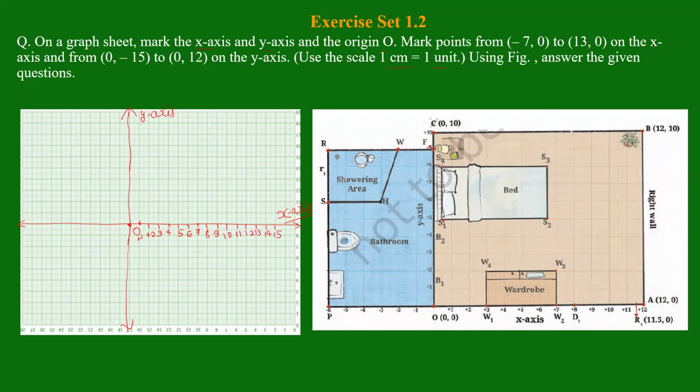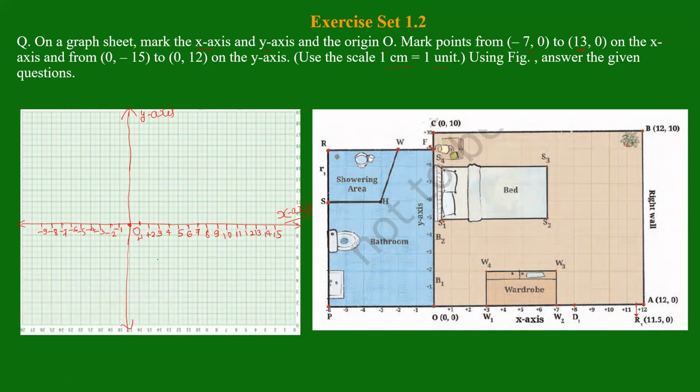We have values up to 13, but we can mark extra. And on the left side, -1, -2. Since x is negative on the left side, -4, -5, -6, -7, -8, -9. If you're watching on mobile, you can use landscape view, so it will be easy for you.